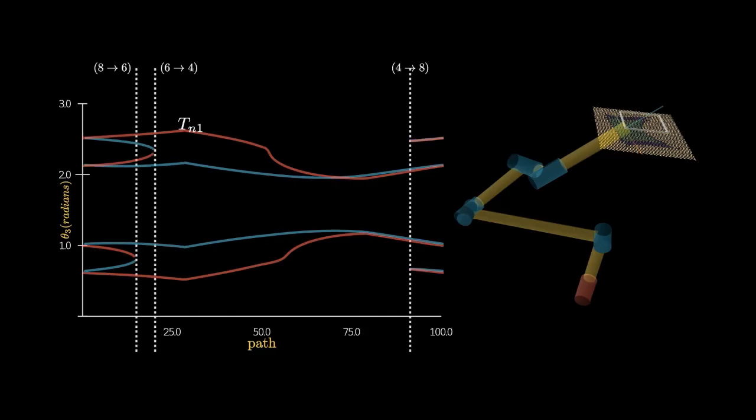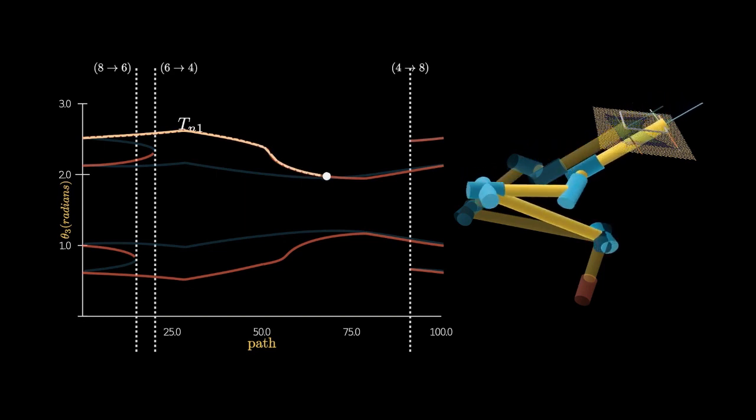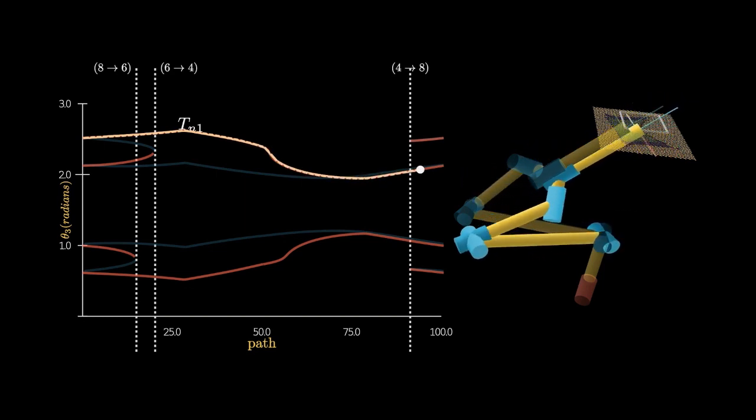But this is not always the case in cuspidal robots. Take an example of a path in the aspect where the determinant of Jacobian is negative. So the Tn path is a continuous path and there is absolutely no problem in following the loop.